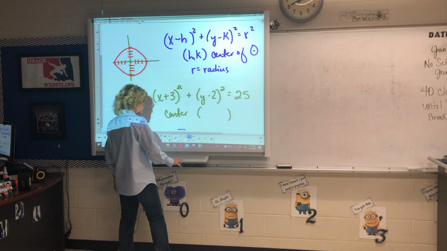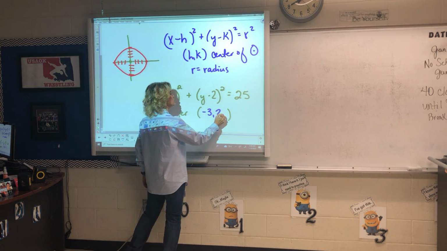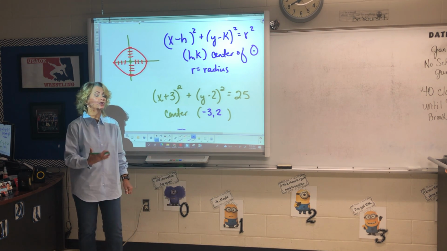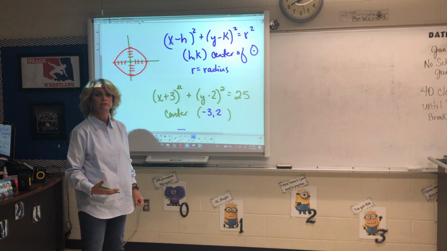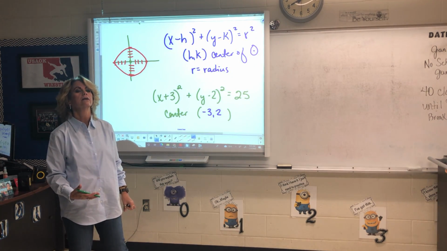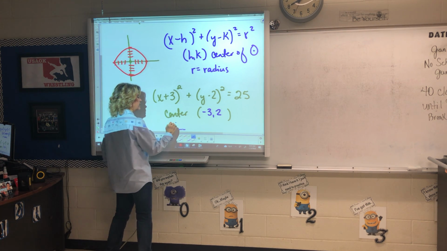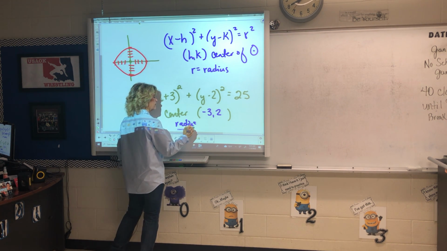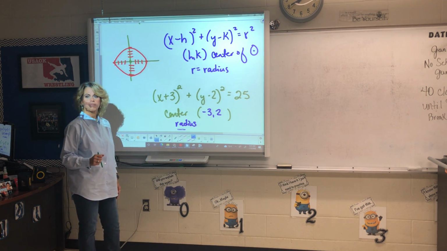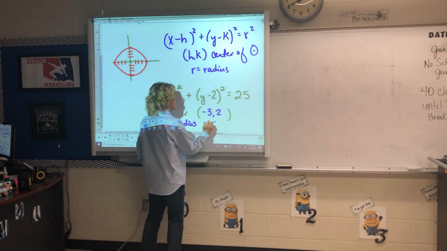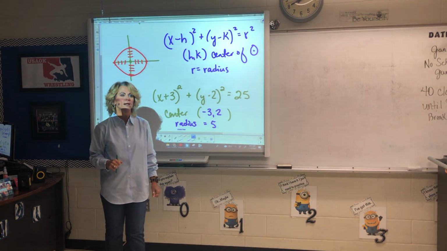That's right. We can pick those out because we've done things very similar to it in the past. So if my center is -3, 2, what's my radius? 5. Radius equals 5. Everybody with me?